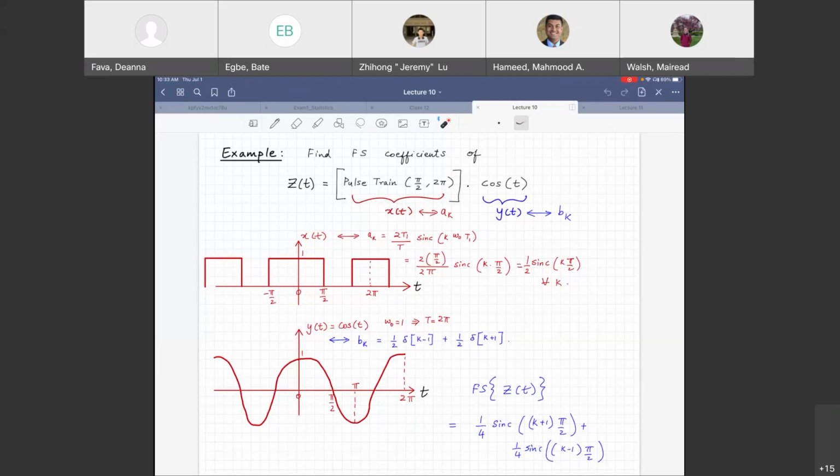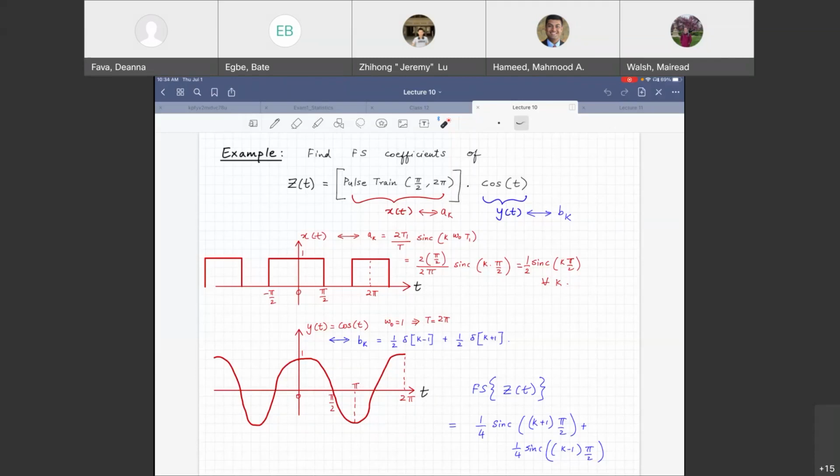So this is the last example that we did last class. This was using the time multiplication property. If you are multiplying two time domain signals that are periodic, then their Fourier series coefficients get convolved, discrete convolution, right?